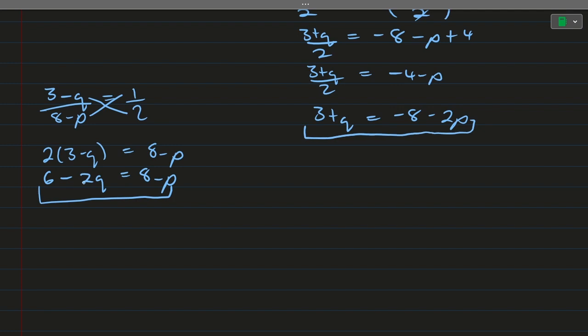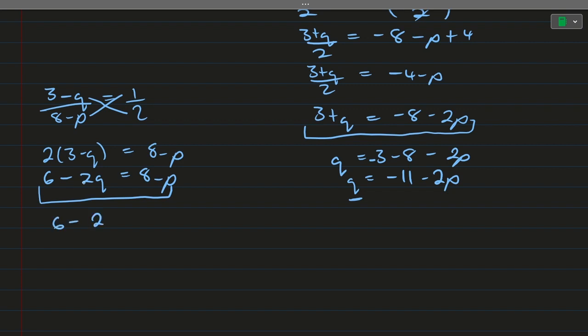So let's make q the subject of the formula in this equation. So it becomes q is equal to -8 minus 2p minus 3, q is equal to -11 minus 2p. Let's substitute q with -11 minus 2p in this equation.